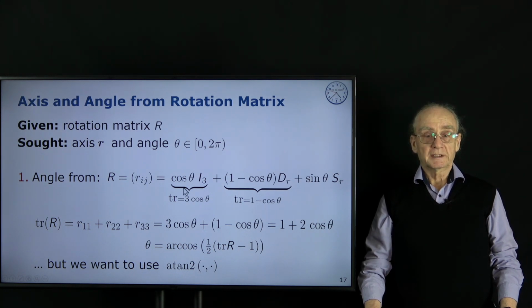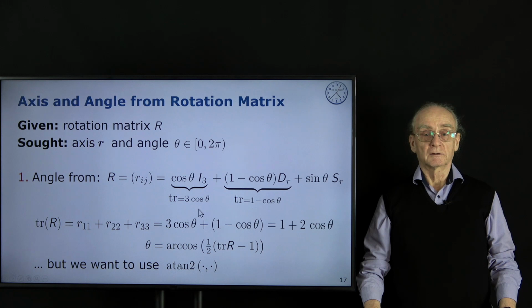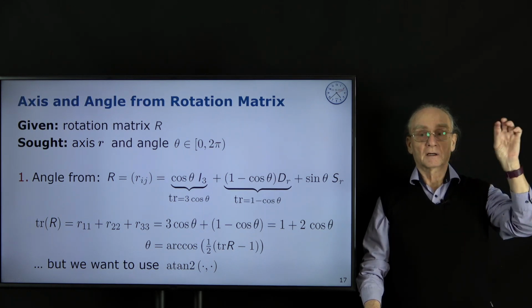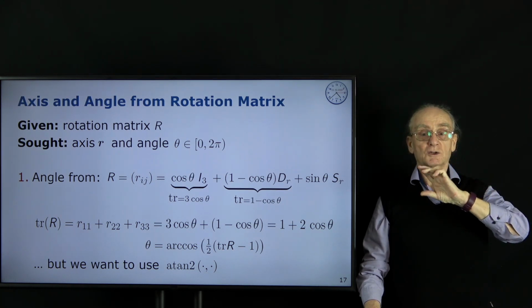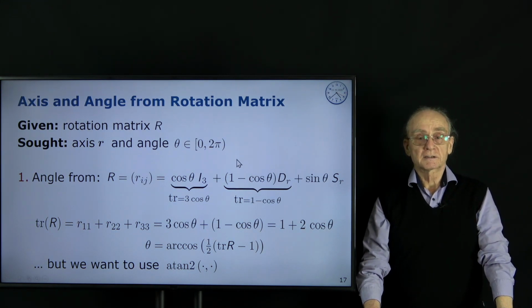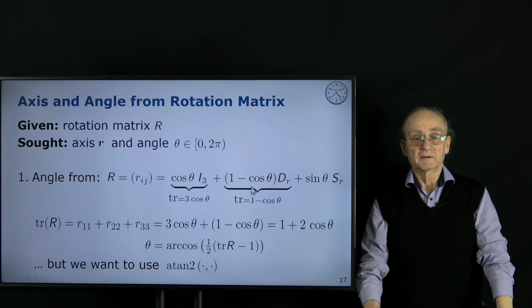And now we look at the trace of the rotation matrix. So that's the sum of the traces of these 3 elements. The trace of cosine theta times I is cosine theta multiplied with the trace of I, which is 3. So this is 3 times cosine theta. And here we have the matrix D. The D has as diagonal elements r1 squared, r2 squared, and r3 squared. So the diagonal terms add to 1. That means the trace of this matrix is 1 minus cosine theta.